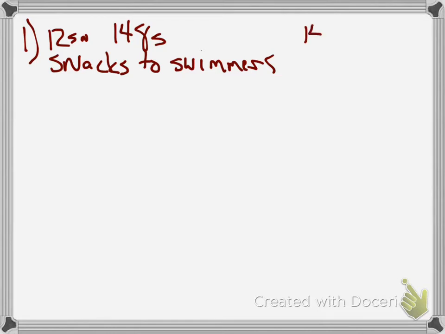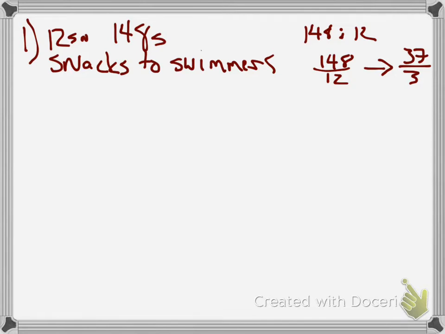So I need the snacks first, 148 to the 12 swimmers, and you can put it as 148 to 12, 148 over 12. You could simplify it if you wanted to, 37 over 3. Any of those would be acceptable, but it has to be in the correct order. Make sure you read that type of question carefully.